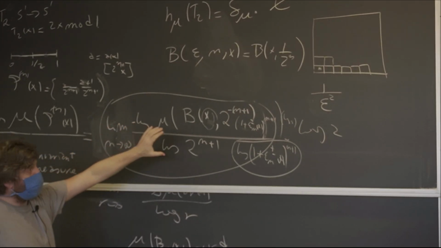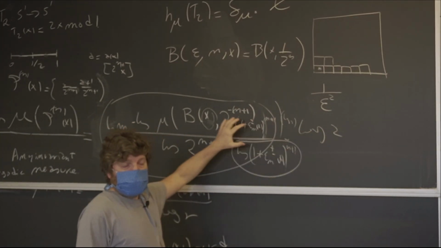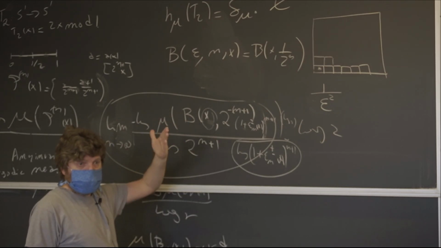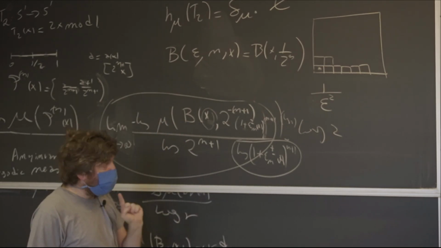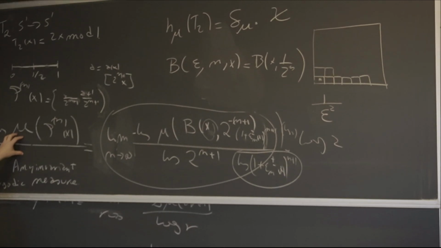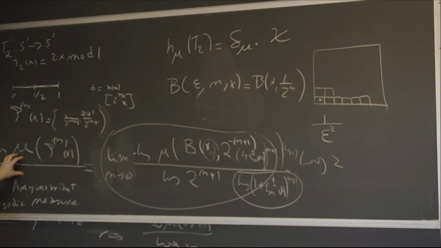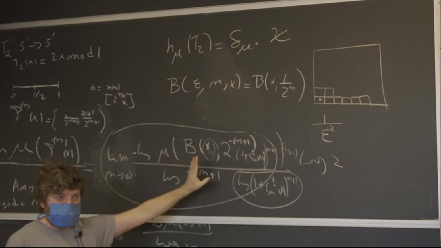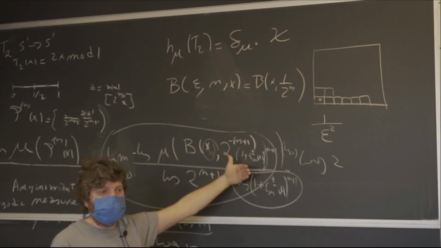So you will get log 3 times the dimension of the vertical measures, the vertical conditional. Now, if you remember how we proved this here, we relied on the Shannon-McMillan-Breiman theorem to make sure the limit exists. After we knew the limit exists, the computation of the limit was just whatever you get.